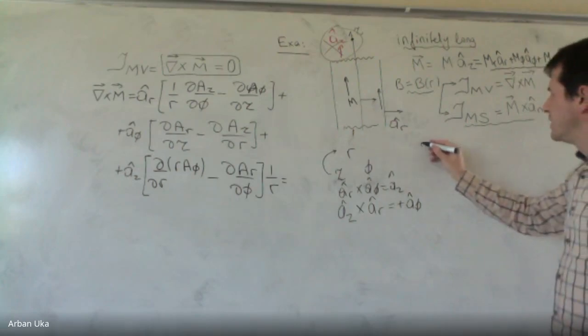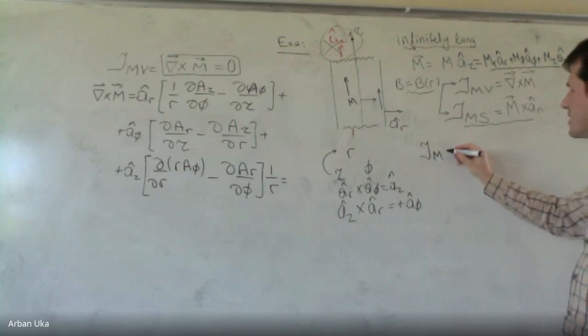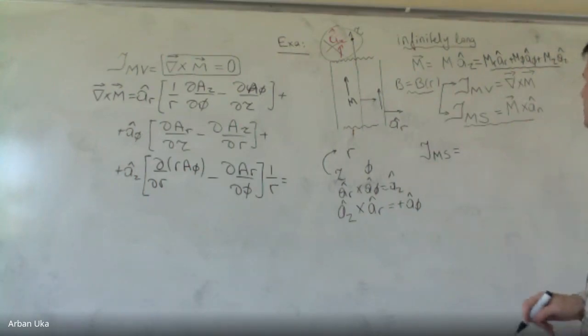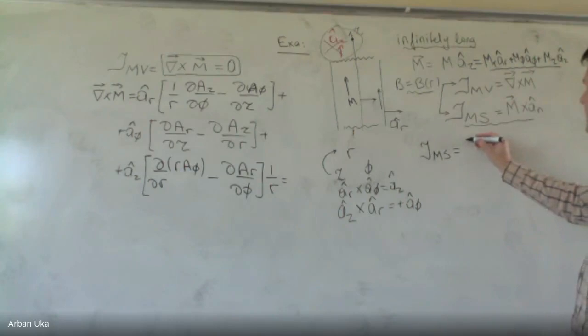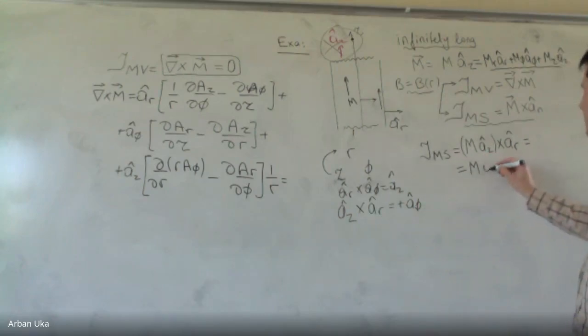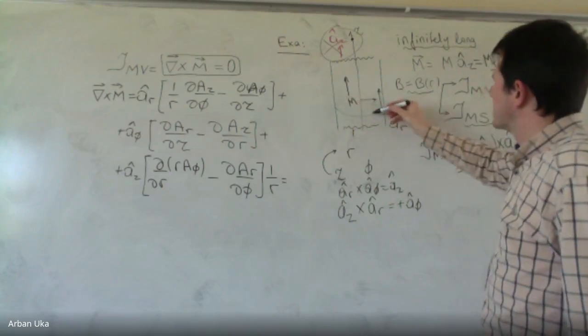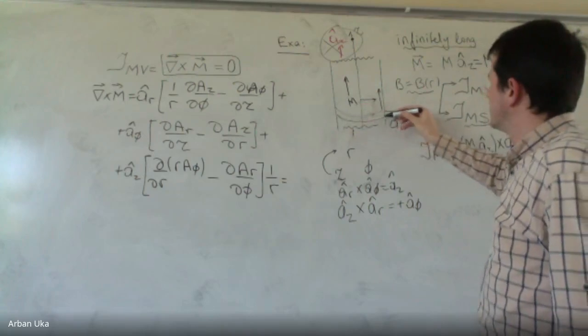So here it looks like the J, the current density, because of the magnetization on the surface, is going to be equal to M AZ, this whole magnetization cross AR, the magnitude is going to be M, and the cross product AZ AR is A phi. So it looks like the magnetization is going to be a current which flows like this, a surface density which flows like this.